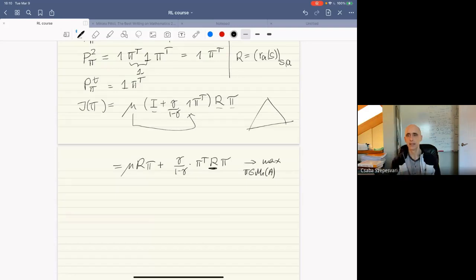It's like a wild, crazy optimization problem over the simplex, right? So it's quadratic, but if R doesn't have any nice structure whatsoever, why would this have an efficient solution, right? In general, it doesn't.